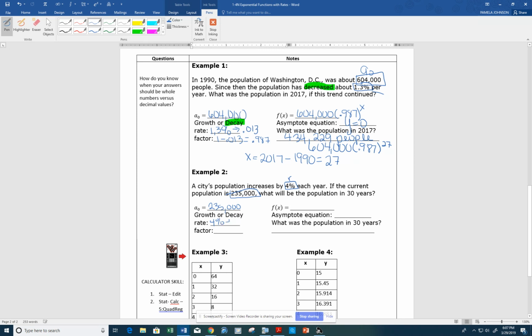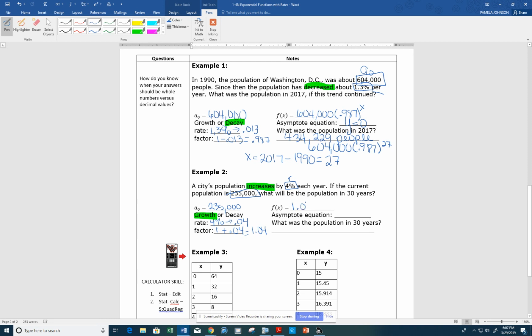When we change that to a decimal, we get 0.04. Now we need to decide if it's growth or decay. So the key word here is increases. That tells us it's a growth problem. Okay, so we're going to add. So 1 plus 0.04, which is going to give us a factor of 1.04.